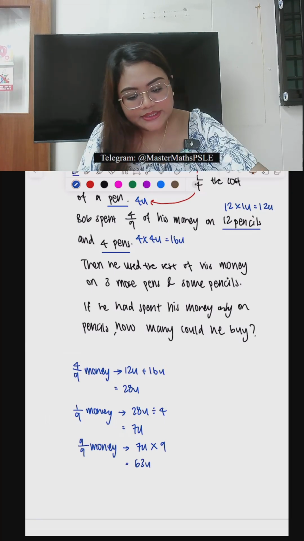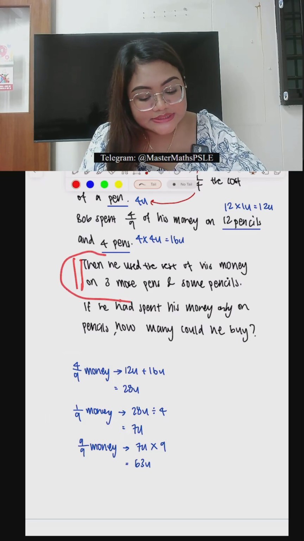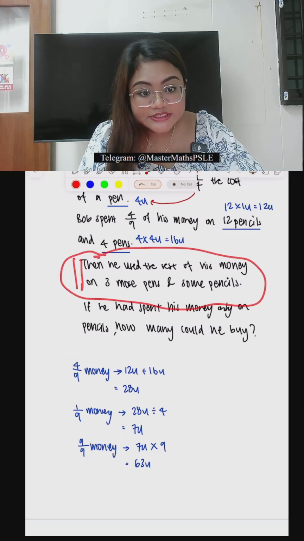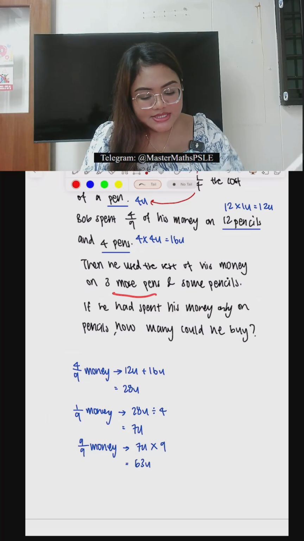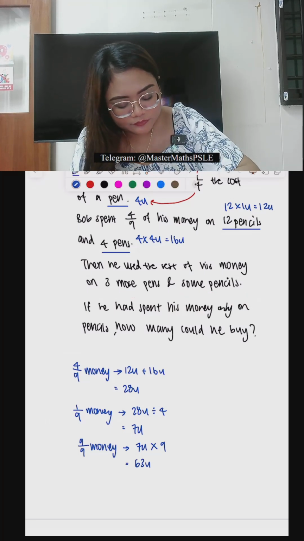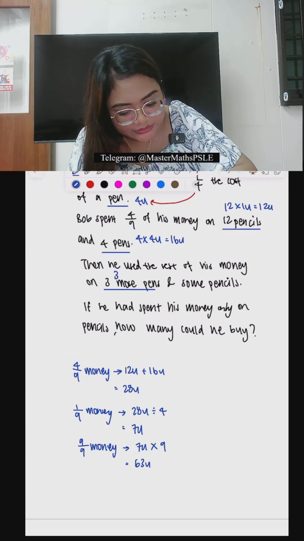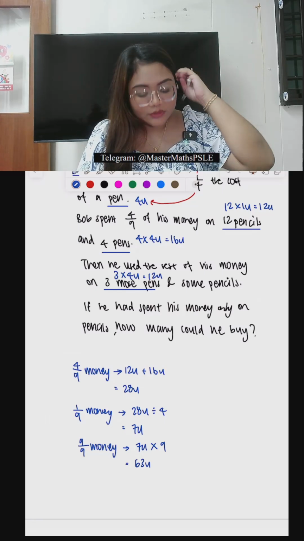Okay? Then actually this part is a bit redundant. So you need to double check for me whether the question is exactly the same. Okay, because this part is a bit redundant. He used the rest of his money on 3 more pens and some pencils. So 3 more pens here is actually 3 times 4U, which is 12U. Okay?